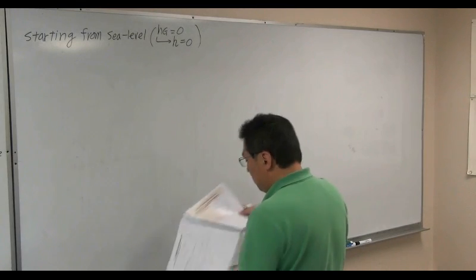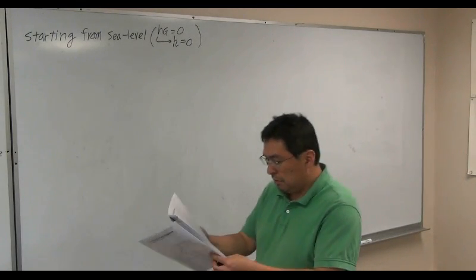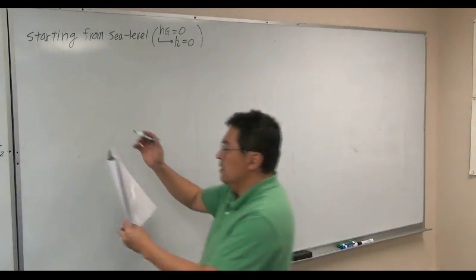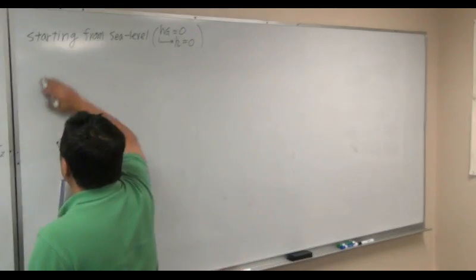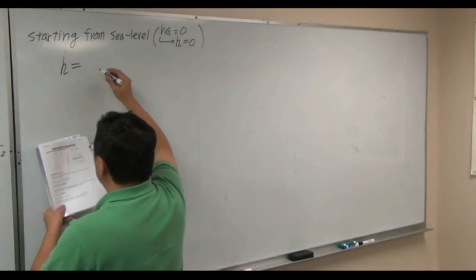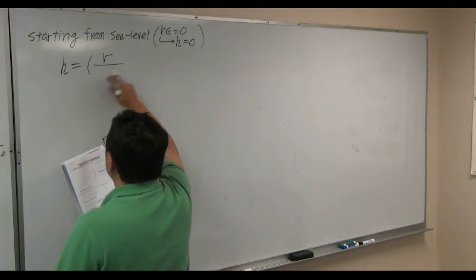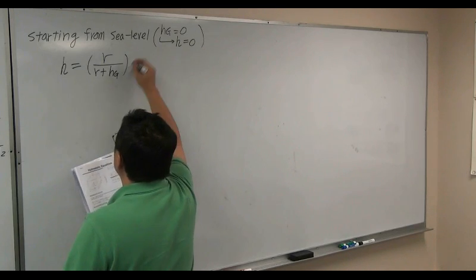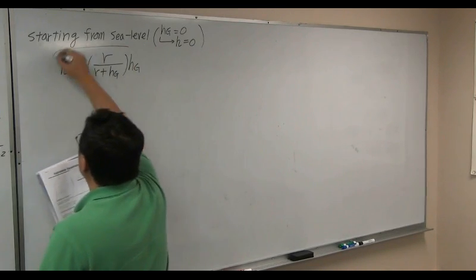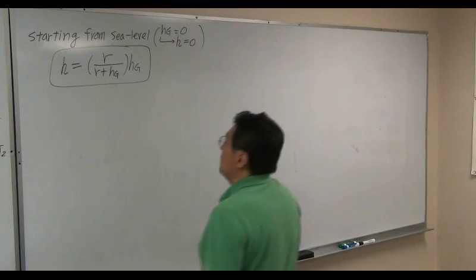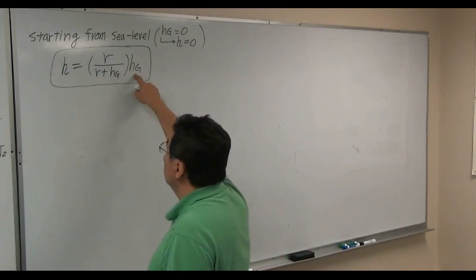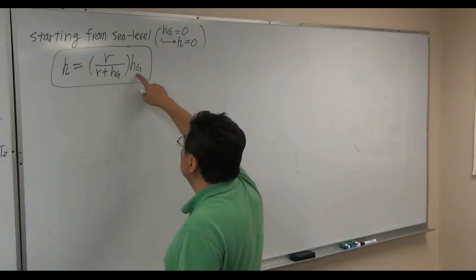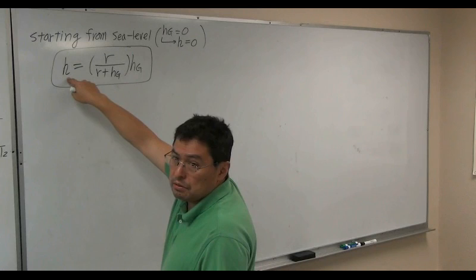Let me just bring up the equation of geopotential altitude. H is equal to radius of Earth divided by radius of Earth plus Hg, multiplied by Hg. So this is a conversion from given geometric altitude to geopotential altitude. Okay, if Hg is 0, of course H is 0 also, right?